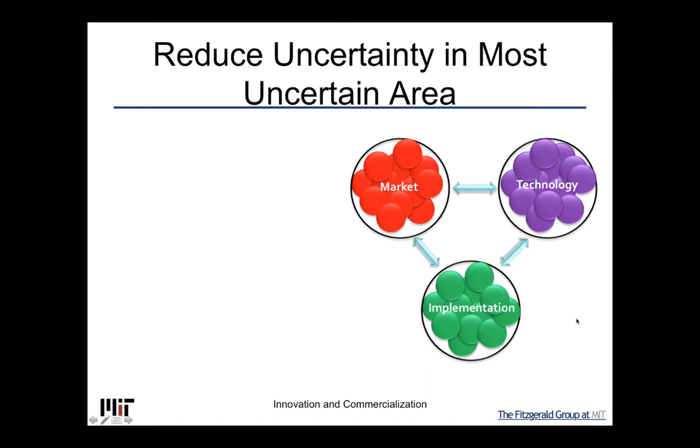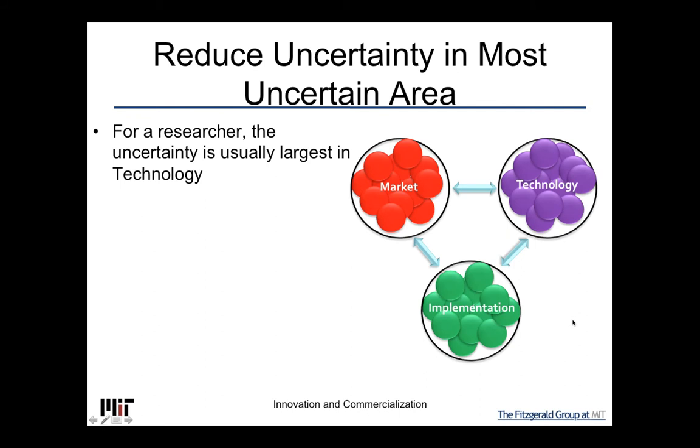So, you know, for a researcher, oftentimes the technology is the first place. If they're smart, they've already thought about maybe a wide range of applications that they could potentially impact, so that they're not taking too high risk.